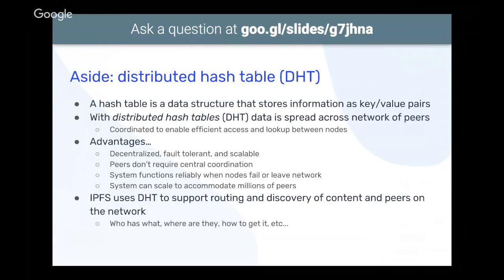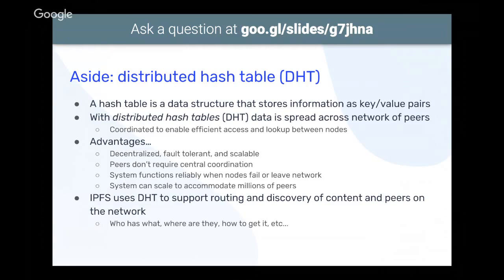And through smart redundancy, the system functions even when a particular node fails or leaves the network. So we've got a little bit of redundancy so that if I leave, the information that I had about the hashes doesn't leave with me. And then finally, because no peer knows everything, the system scales really nicely. We can accommodate millions of peers.